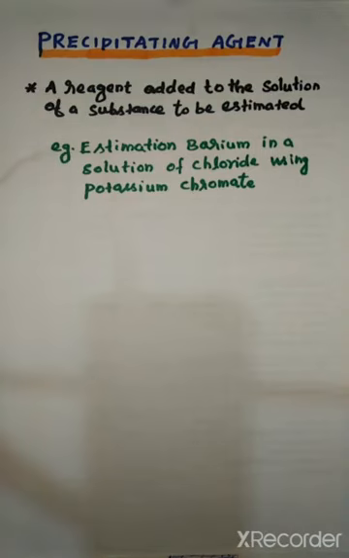If you want to estimate a particular ion or substance present in the solution, that ion or substance has to be precipitated first, and then filtered, dried and so on. The reagent used to precipitate the particular ion to be estimated is called the precipitating agent.